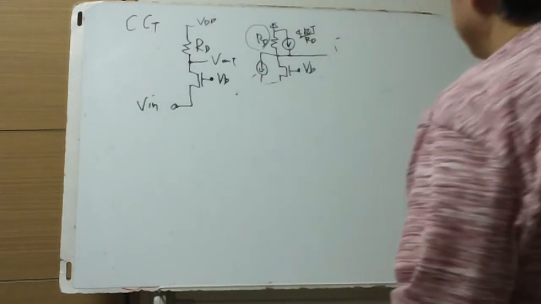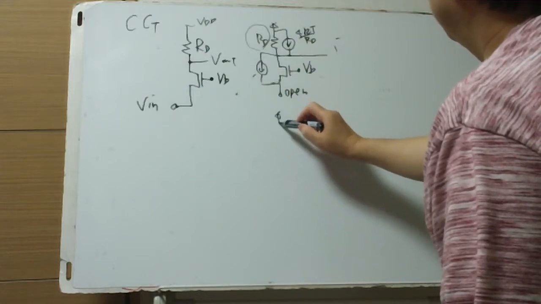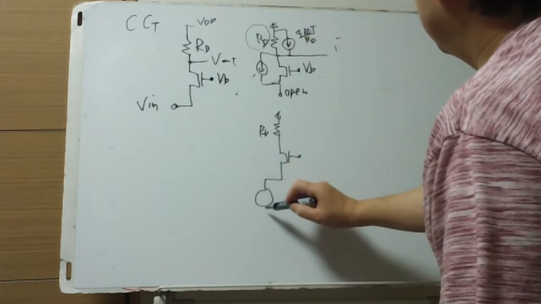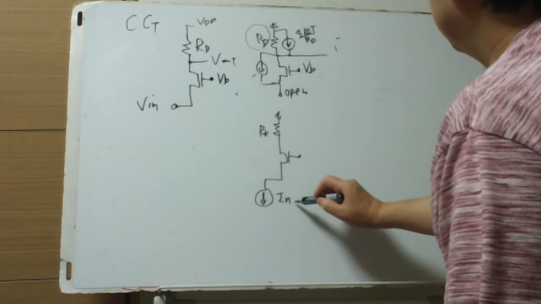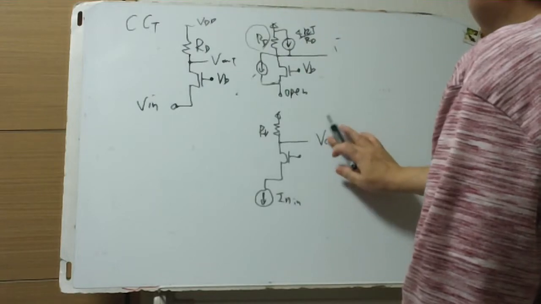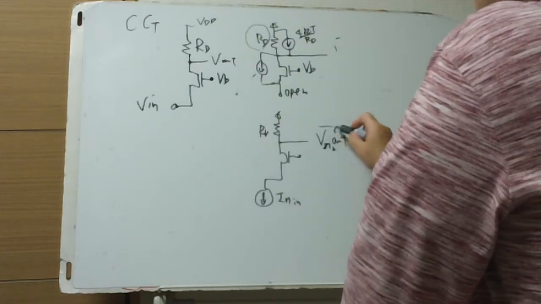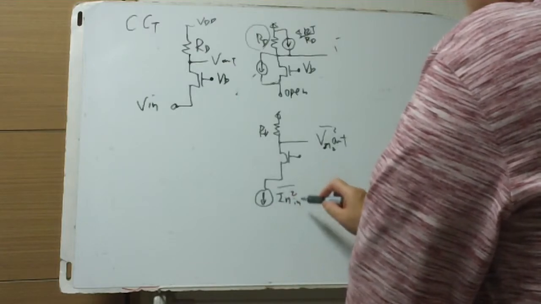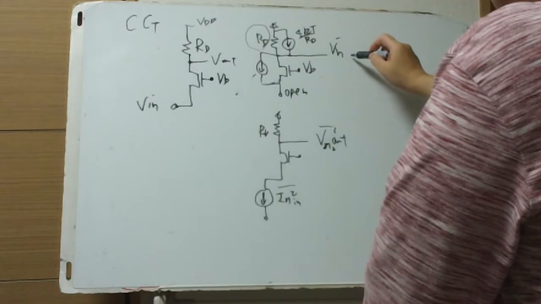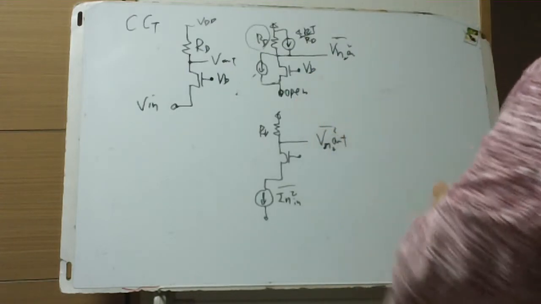Rewrite the schematic with the input open, with channel current noise In, and output Vn2 out squared bar, as in the textbook, because of this In squared bar, and this is equal to Vn2 out squared bar when our input is open.